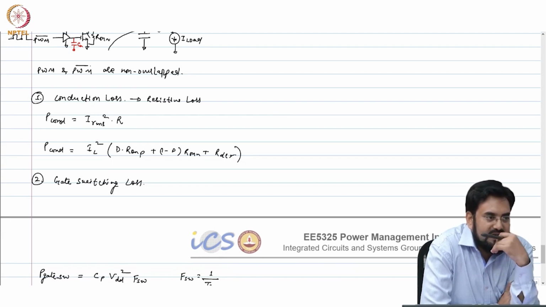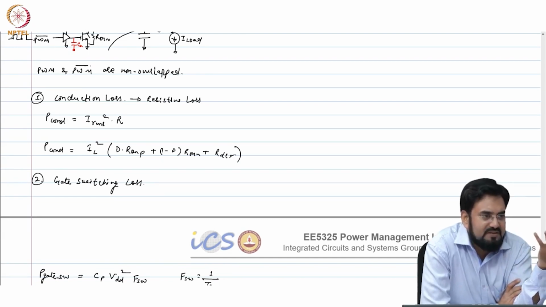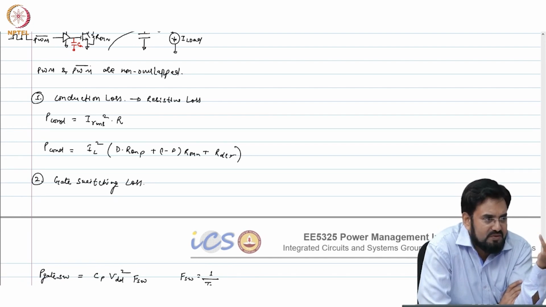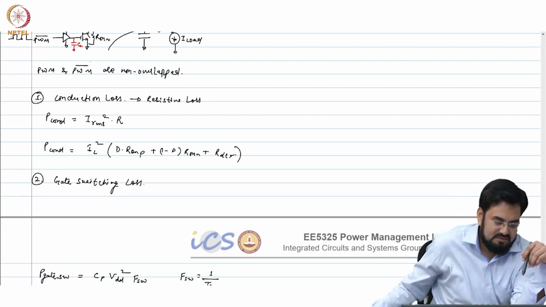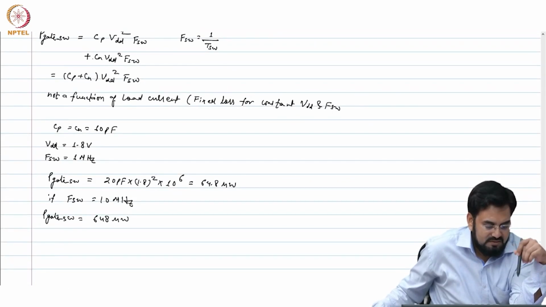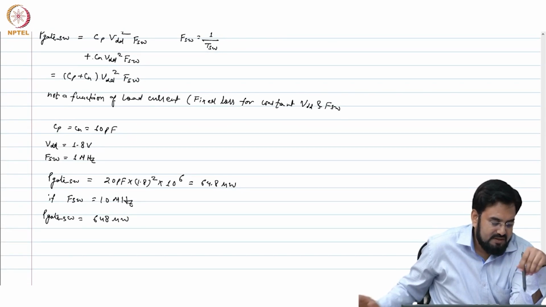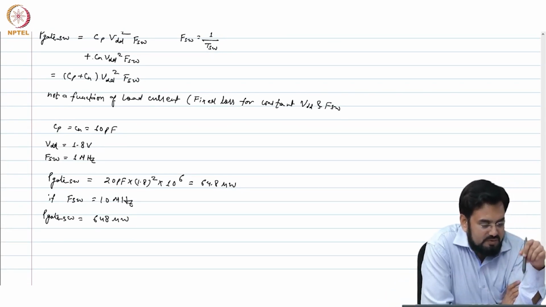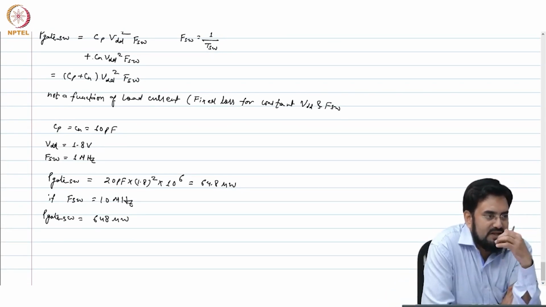So 1 milliwatt you are delivering, correct? And conduction losses will be quite negligible at 1 milliamp. You can ignore that. I mean, if you compare with this loss, that will be nothing, correct? So 640 microwatt you are losing in the gate and 1 milliwatt you are delivering.